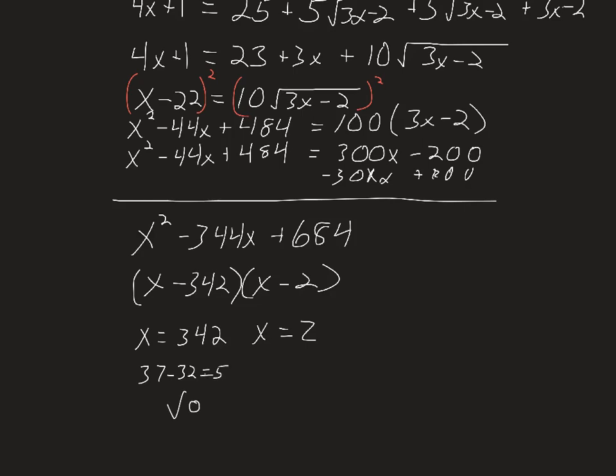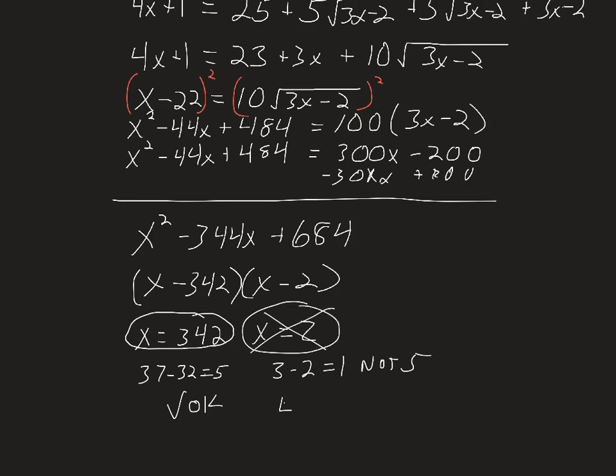So 342, excuse me, is a good answer. X equals 2, however, gives you 3 minus 2, which equals 1 and not 5. So 2 is an extraneous solution. And there you go.